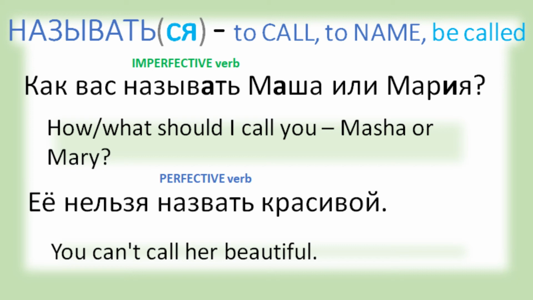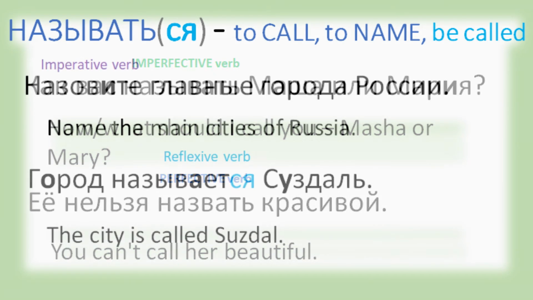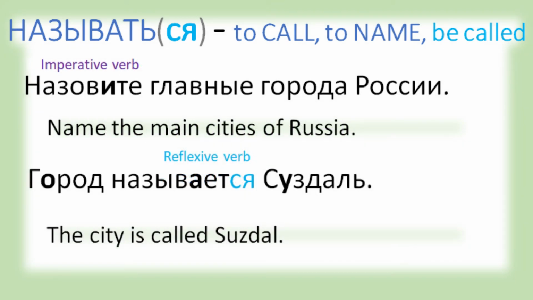You can't call her beautiful. Назовите главные города России. Name the main cities of Russia. Город называется Суздаль. The city is called Suzdal.